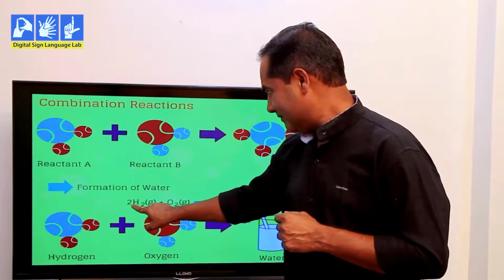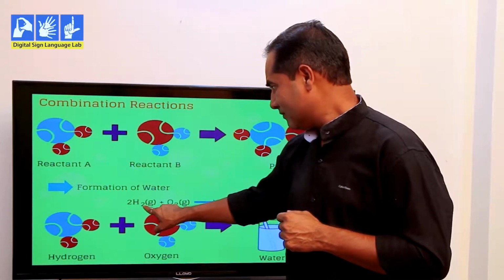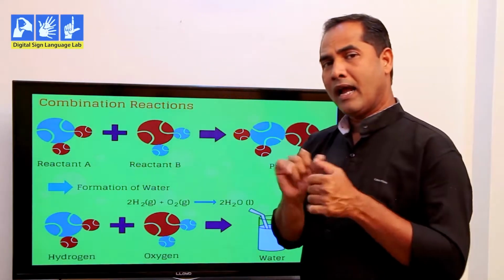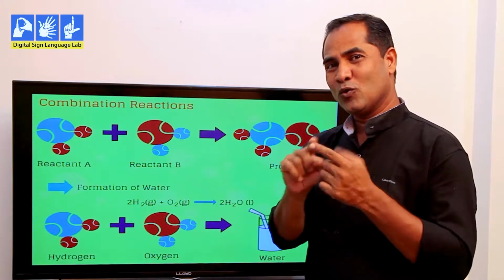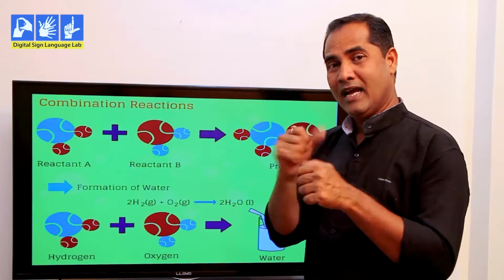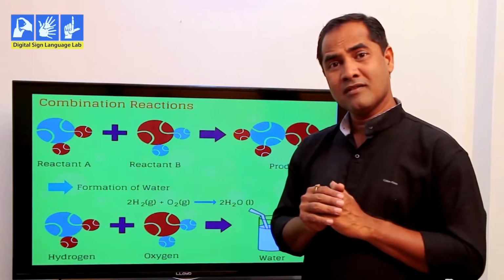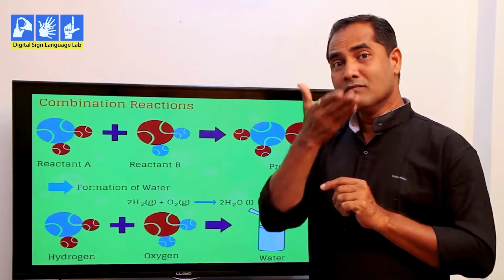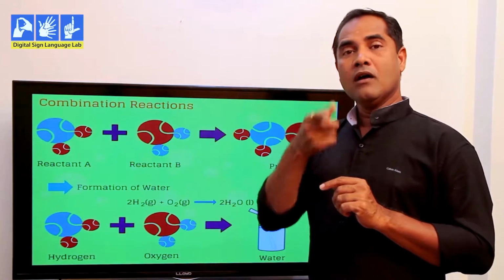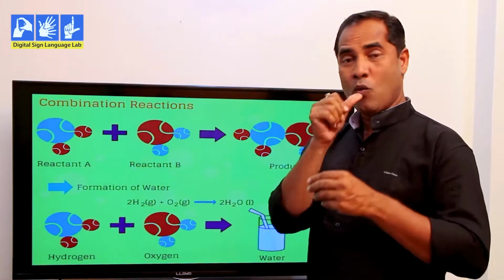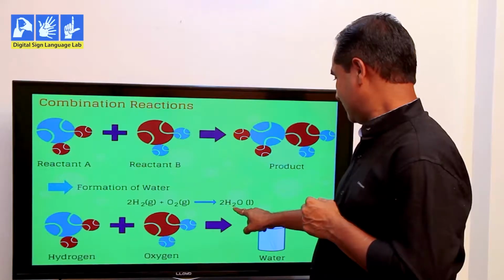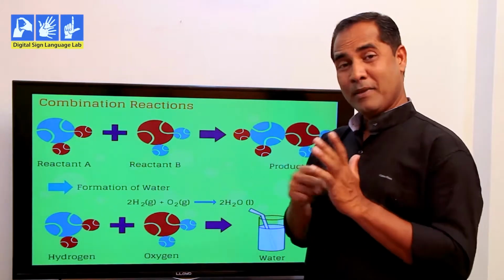Formation of water. So we have two molecules of hydrogen combining with one molecule of oxygen to make water.